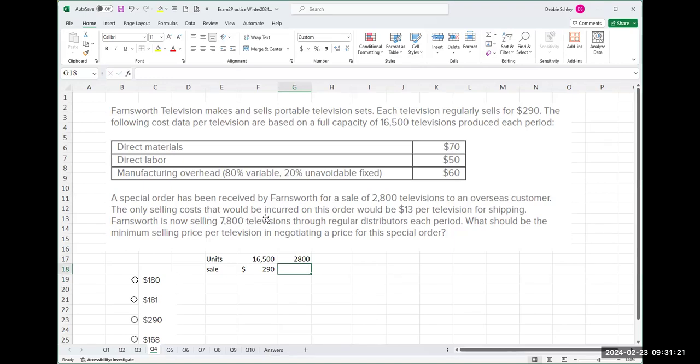The only selling cost that would be incurred on this order would be $13 per television. So I'm going to do my direct materials, my direct labor, my manufacturing overhead that is variable, and then my extra selling expense is 13.